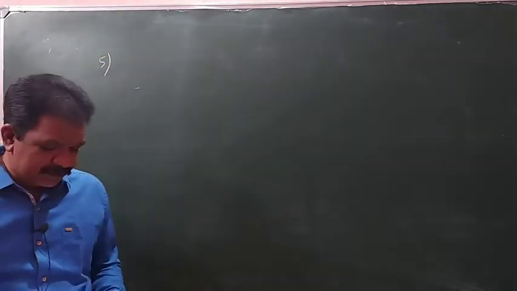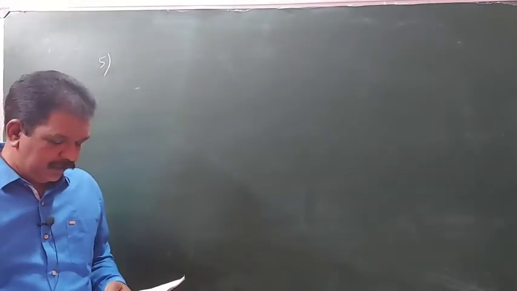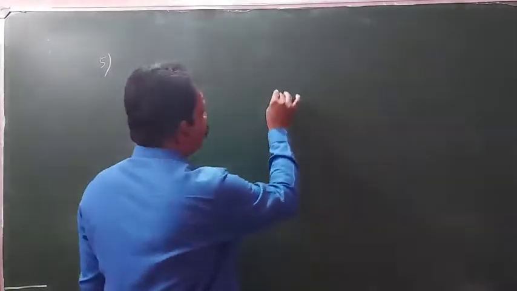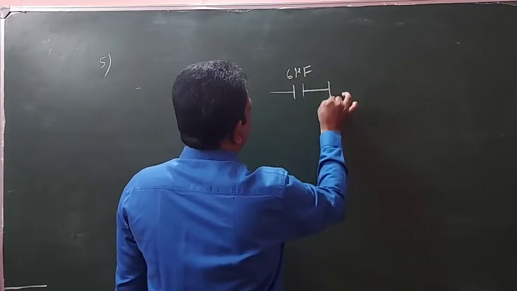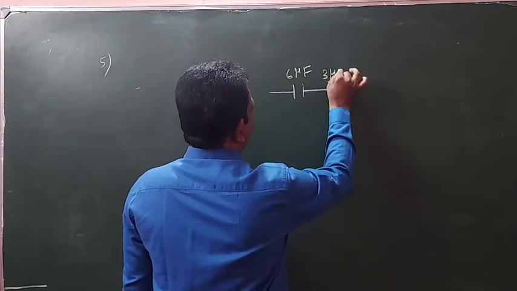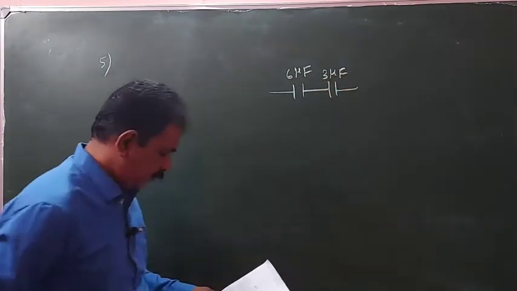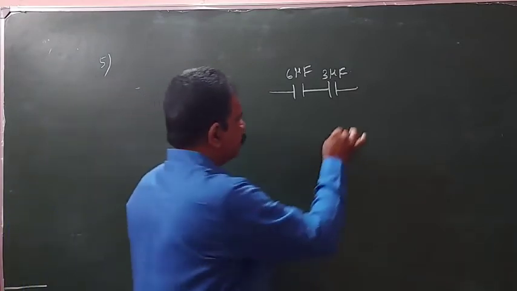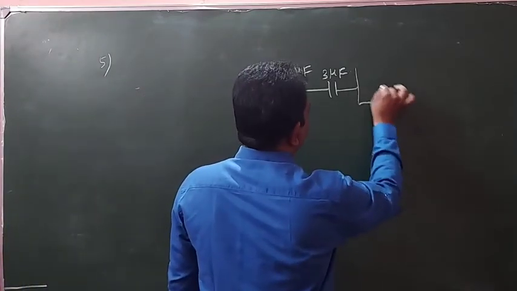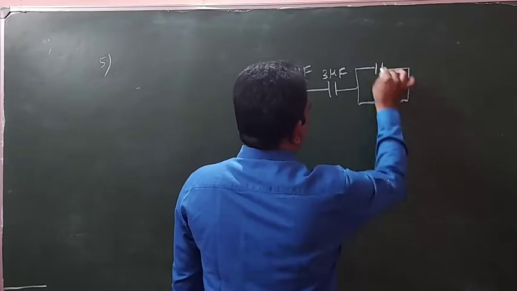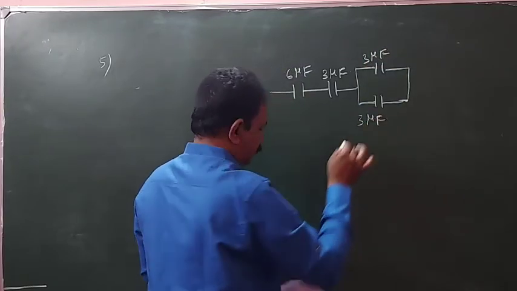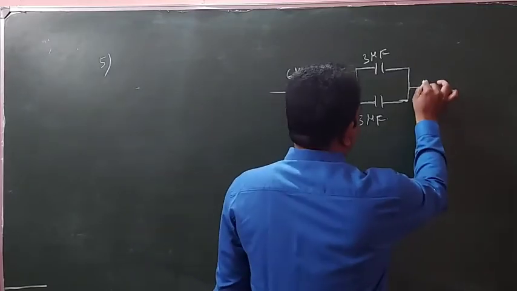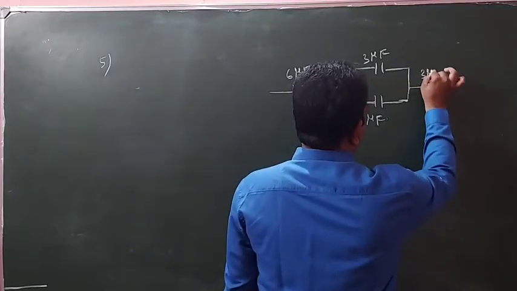What they are asking, see, here 6 microfarad, here 3 microfarad, okay, and here 3 microfarad, 3 microfarad, and here 3 microfarad, they given.